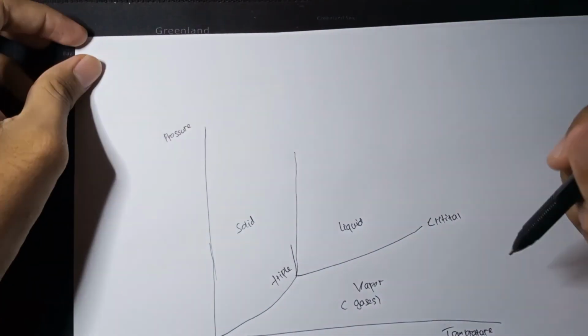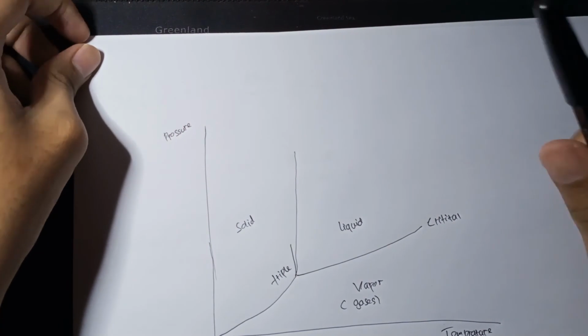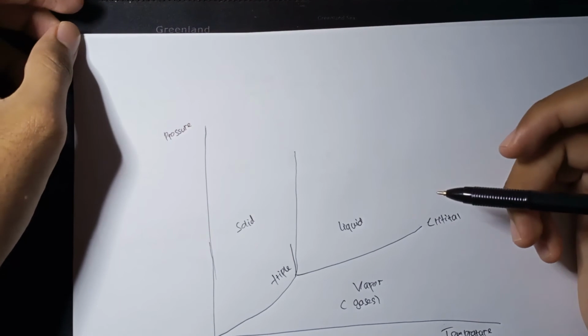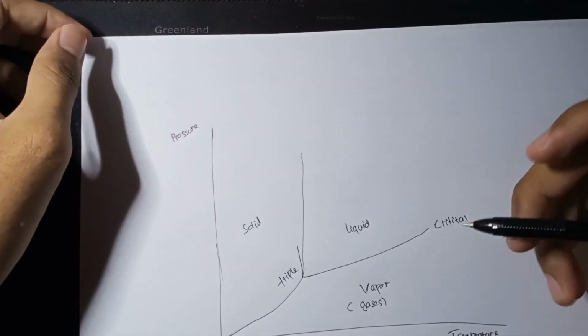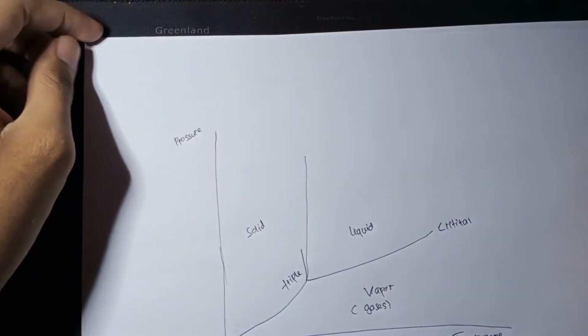But the critical point is more complicated. It's when the density of the liquid and the vapor is the same.